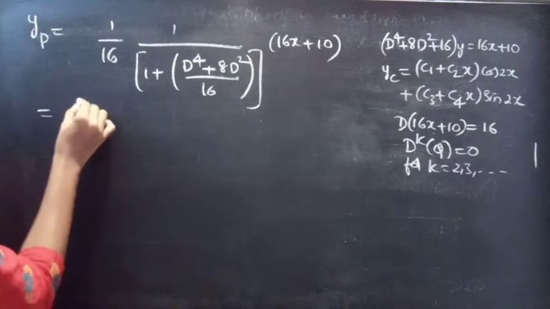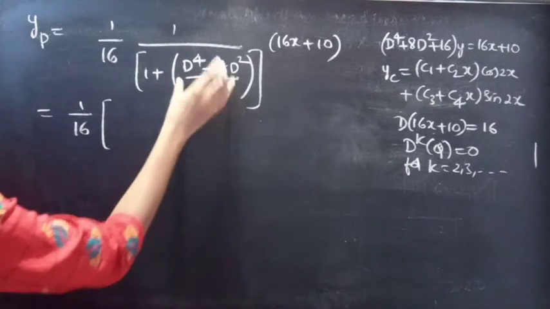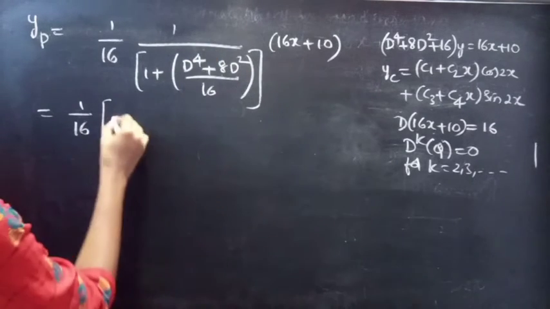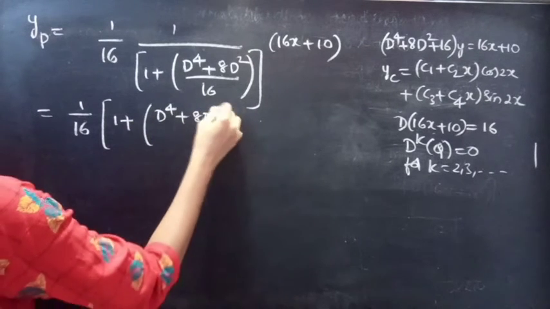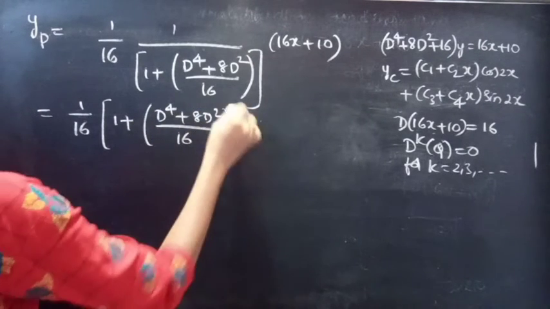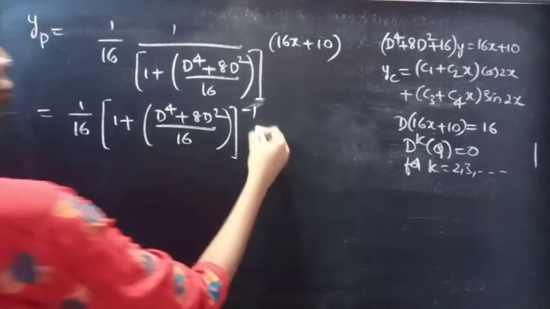This is equal to 1 by 16 into, now we can write 1 by 1 plus something x as 1 plus x whole inverse, into q.